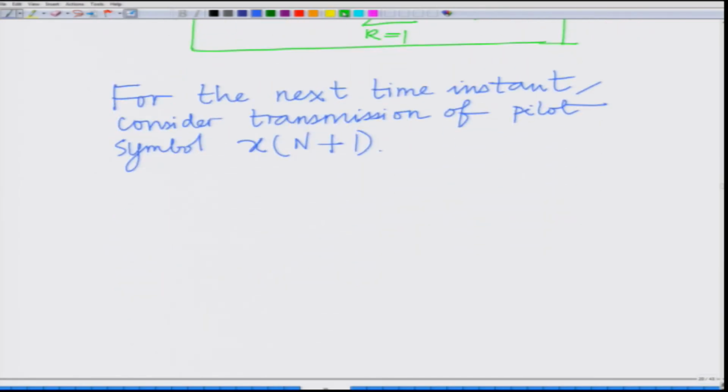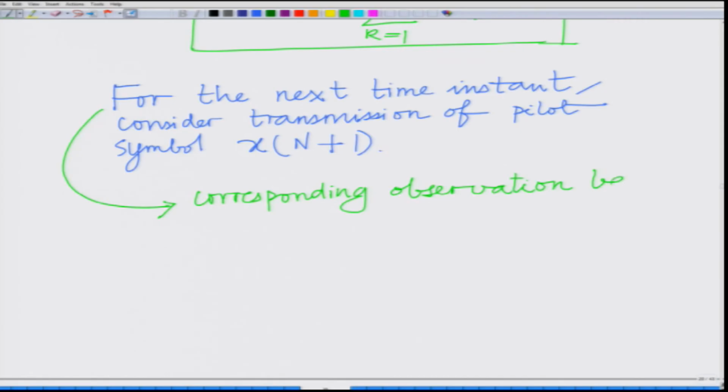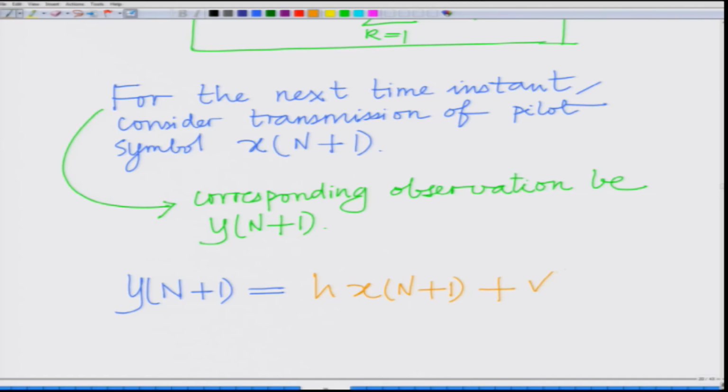This implies that y of n plus 1 equals h times x of n plus 1 plus v of n plus 1.